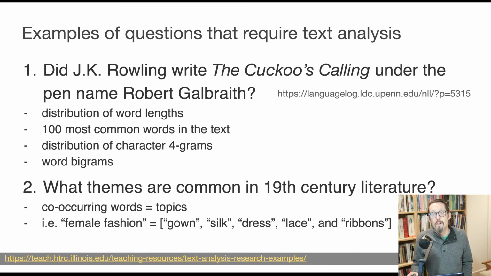So the person writing the article got a call from a reporter asking to assess if this mystery writer Rob Galbraith was actually J.K. Rowling. Okay, he'd gotten an anonymous tip that it was, and he needed some analysis to find out if true.